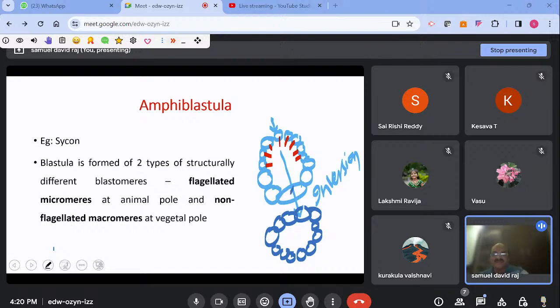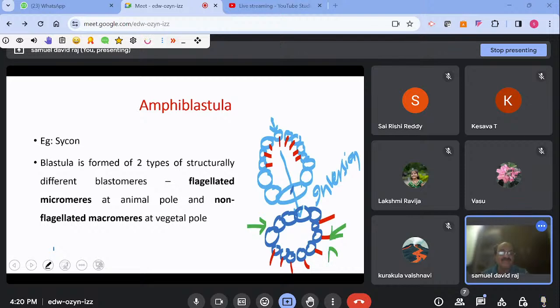This is followed by the flagella coming out. Thus, we can see two types of cells: flagellated micromeres and non-flagellated macromeres.